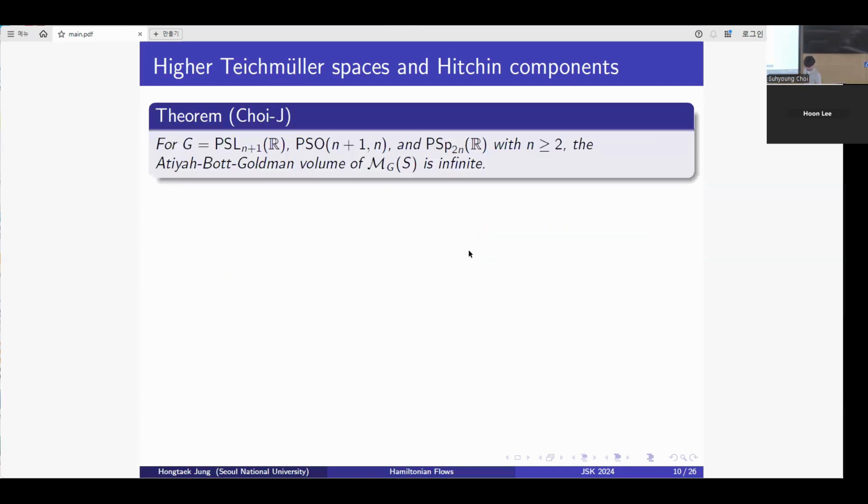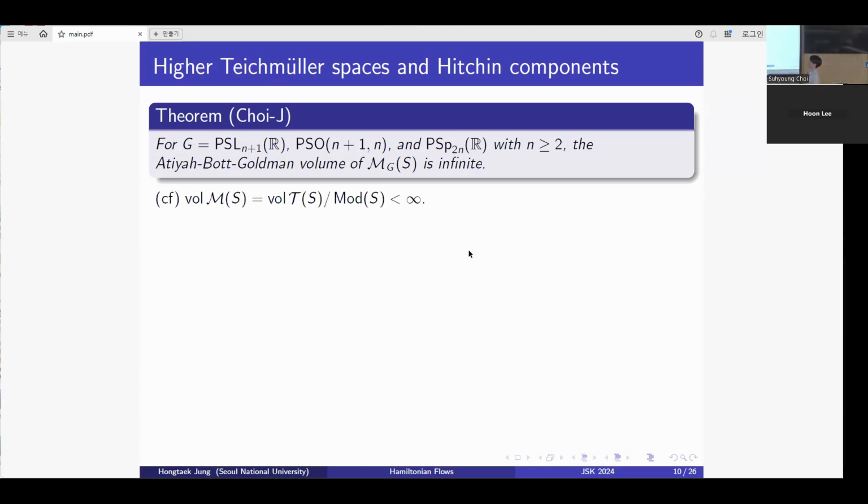So the first thing that I want to mention, this is one of our main theorems, is work with Seoyoung Choi. Let's say G is PSL n plus 1 R, PSO n plus 1 n, or PSp 2n R with n bigger than or equal to 2. Then the total Atiyah-Bott-Goldman volume of the moduli space is always infinite. Here's the comparison.